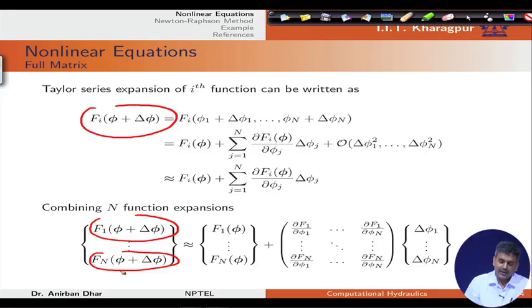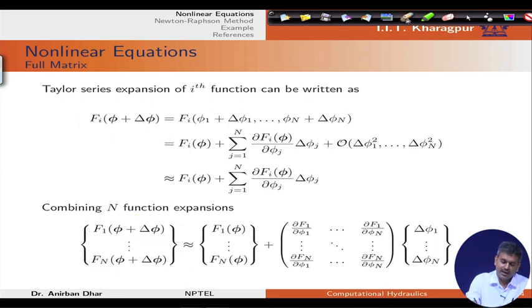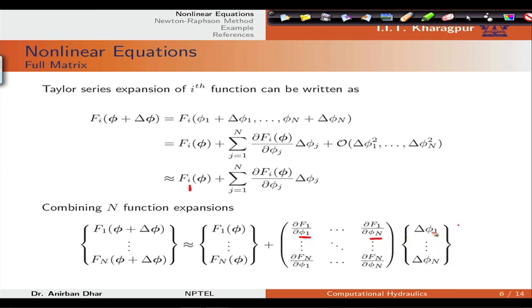We can approximate it with f1, corresponding to this function vector at phi, plus f1 differentiated with respect to all the variables starting from phi 1 to phi n, and we multiply this column vector del phi 1 to del phi n with this one. So, this is a matrix representation of our Taylor series.